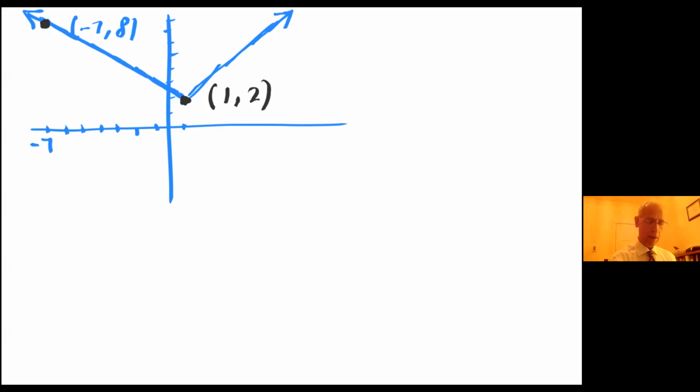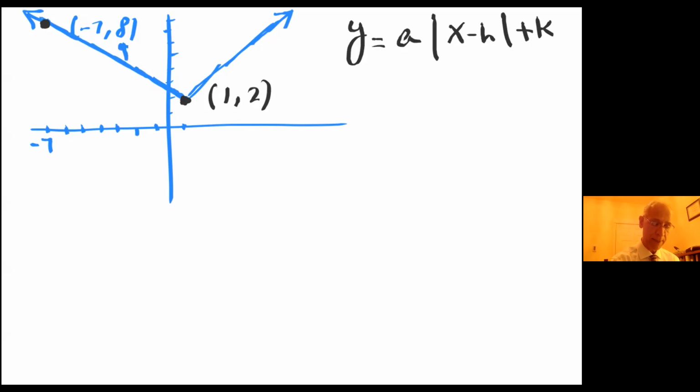So now we know that y equals a times the absolute value of x minus h, plus k. Let's substitute some numbers. The value of y I can have from my point right here, so 8 equals a, which I'm going to find, times the absolute value of x, also from my point, -7, minus h, which is 1, plus k, which is 2.